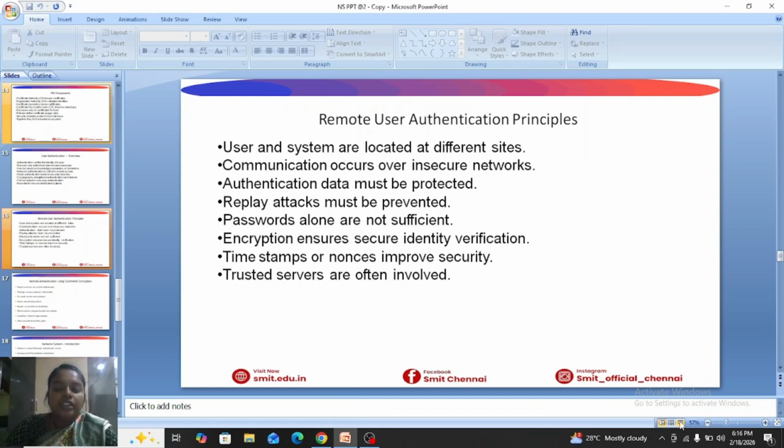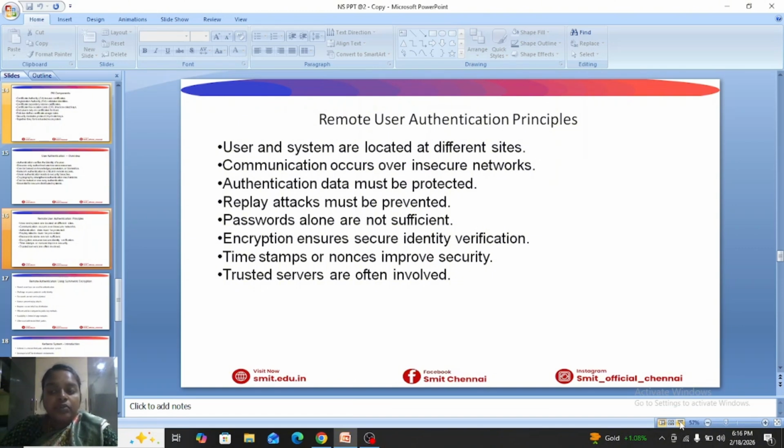Let us elaborate. It is the process of verifying the identity of a user who accesses the system or network over an insecure communication channel. That's most important. If there is insecurity in the communication channel, we need to identify who the user is and who is going to access the system. Let us define what it is. A remote user is legitimate.